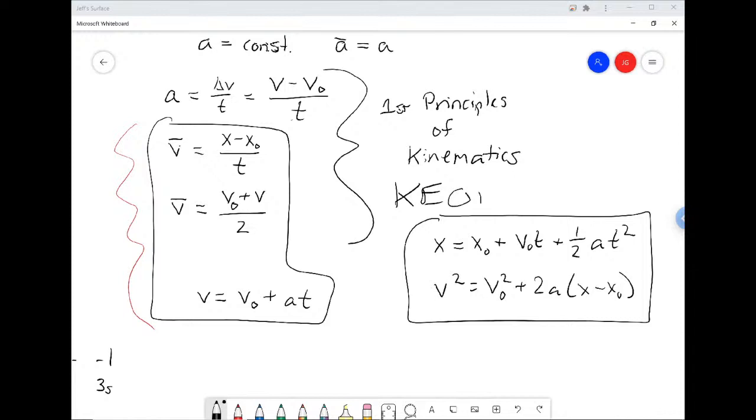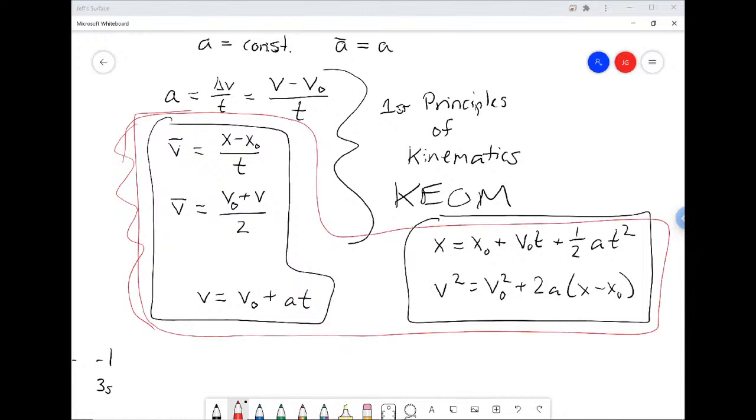Okay, so our kinematic equations of motion are these guys. It's important for you to understand that these two equations over here are not some sort of unique thing.